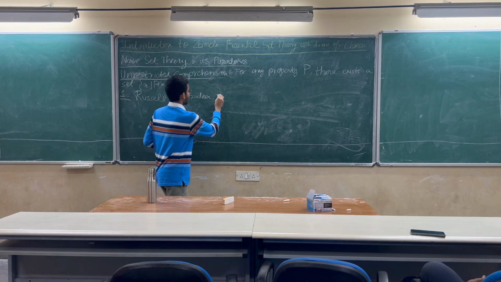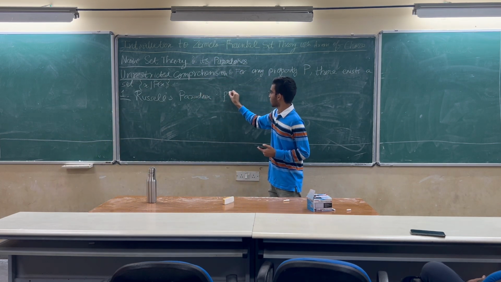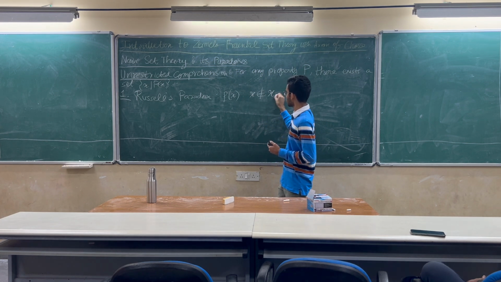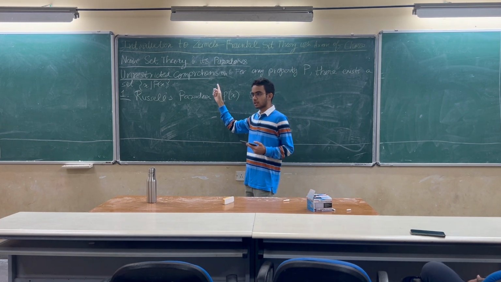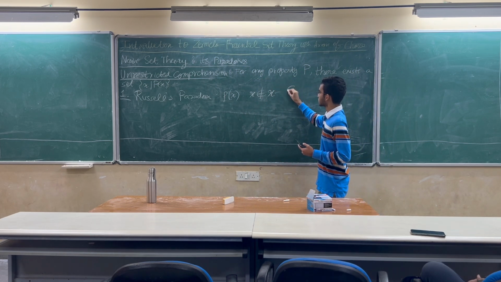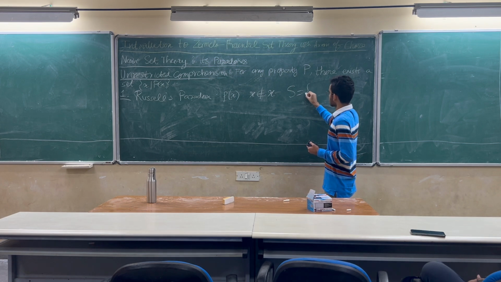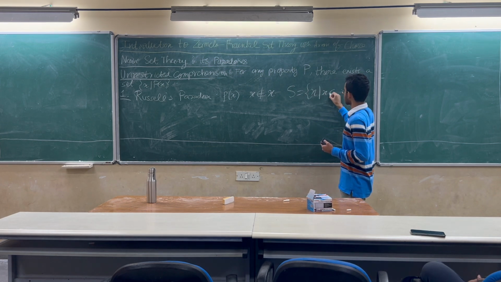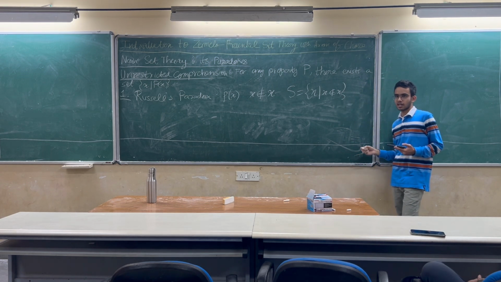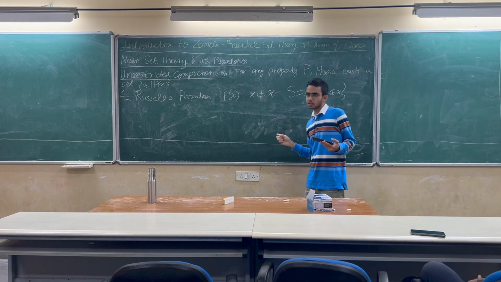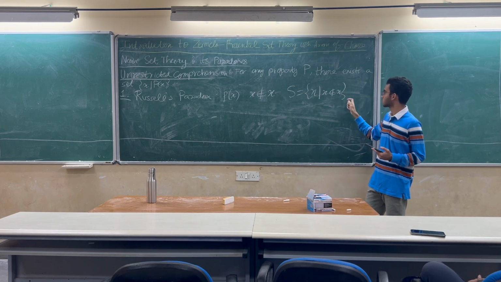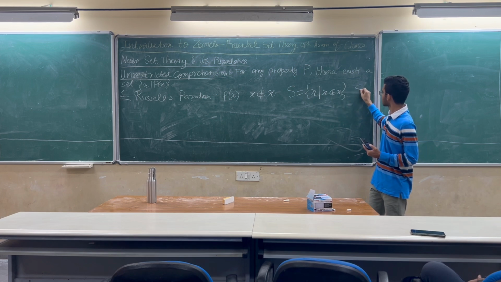This paradox came by taking the property P of x to be x does not belong to x. If unrestricted comprehension was true, then we would get a set S of all x such that x does not belong to x. Now because this is a set, it's supposed to be well defined. So given any object, we should be able to tell whether that object belongs to this set or does not. Let's look at S itself.